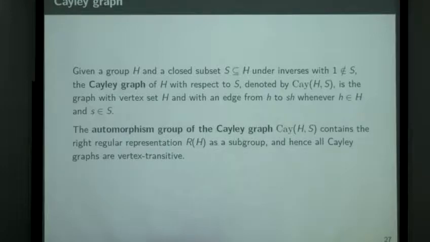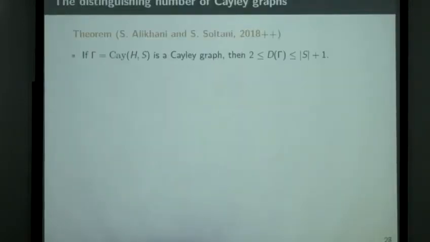The automorphism group of this kind of graph contains the right regular representation as a subgroup, and so these graphs are vertex transitive.